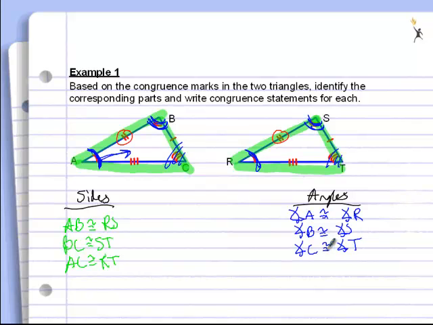Not too bad. All of these are called congruency statements. And when you're writing congruency statements, you have to do them for sides and angles. Because triangles are made up of just those, sides and angles.